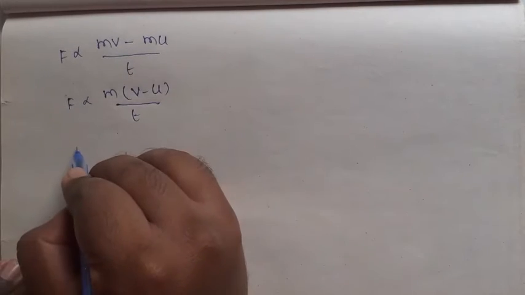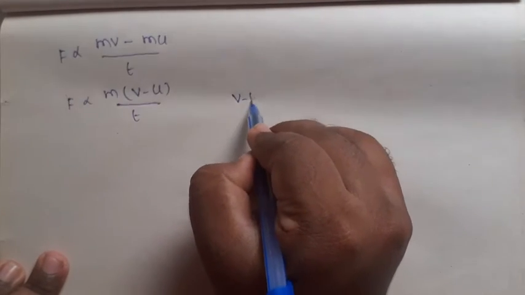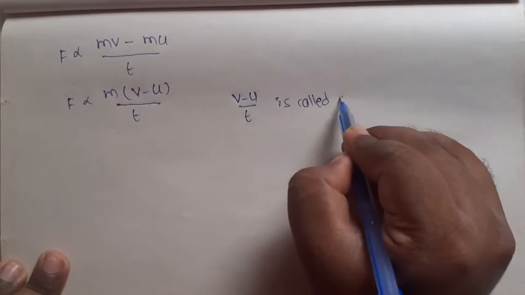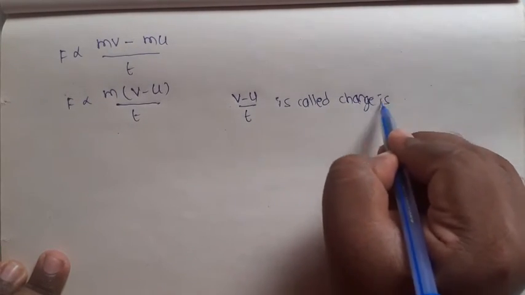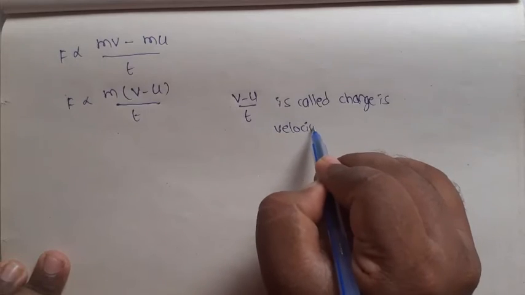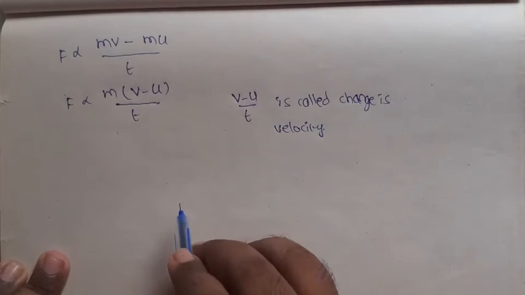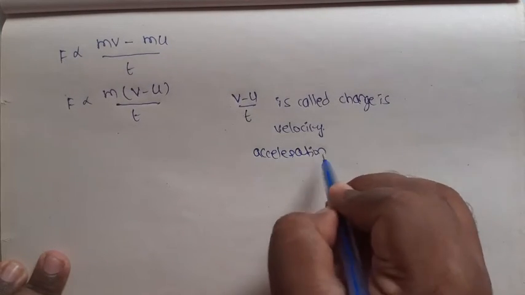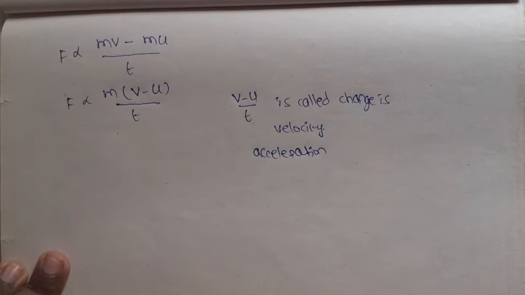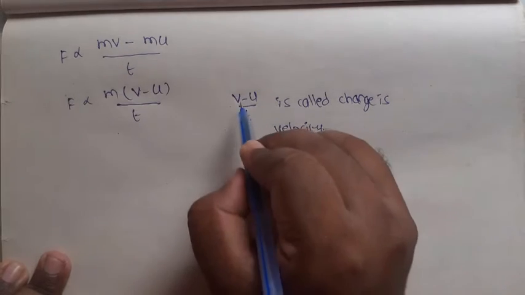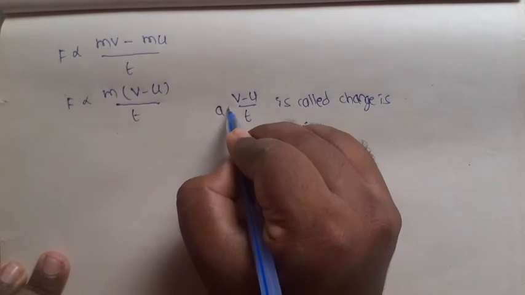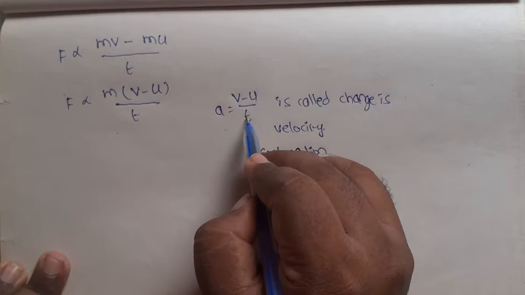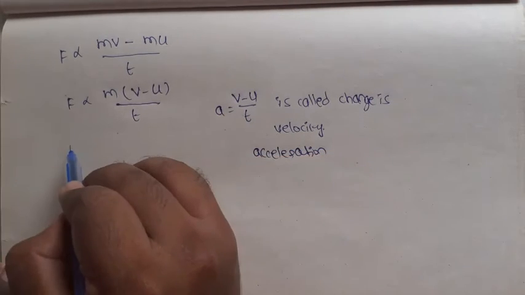You will observe that v minus u by t is the change in velocity. According to the definition of acceleration, the rate of change of velocity is called acceleration. So v minus u by t we call acceleration, a equal to v minus u by t. In place of v minus u by t we substitute a.